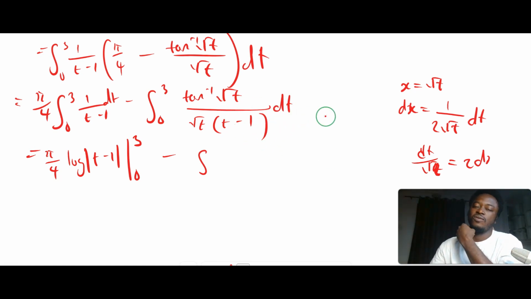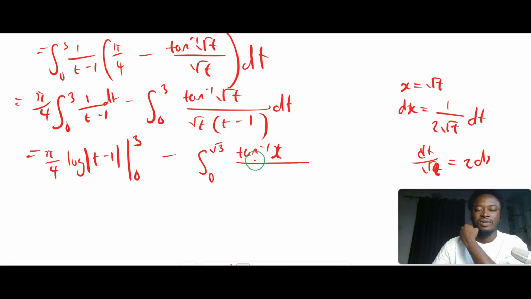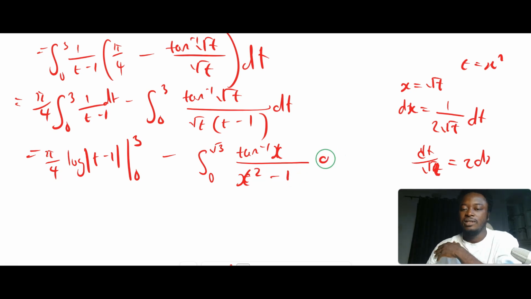So when t is 0, you get 0, and when t is 3, you get square root of 3. So you have tan inverse of x, all divided by, t minus 1 becomes x squared minus 1, because t would be x squared, so you have x squared minus 1 dx.